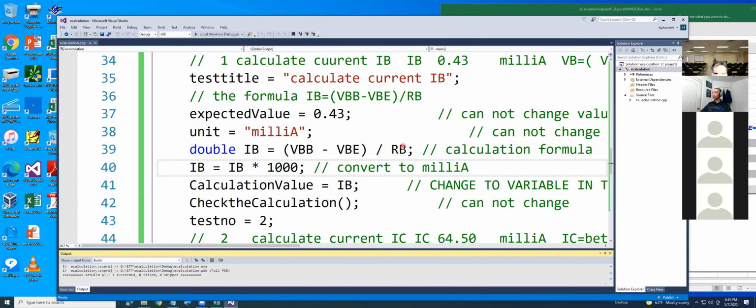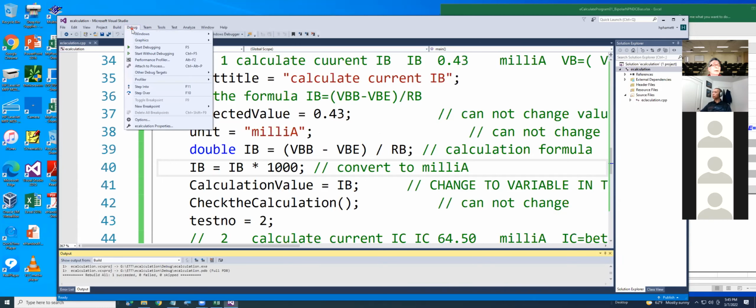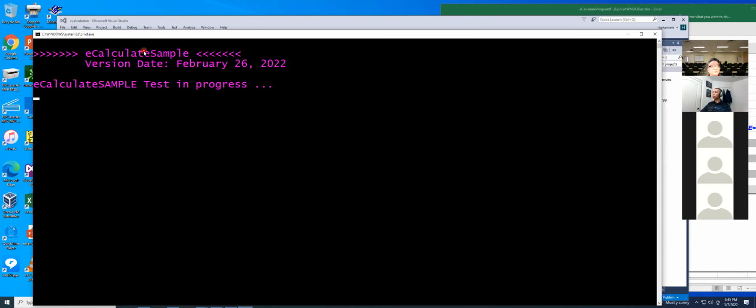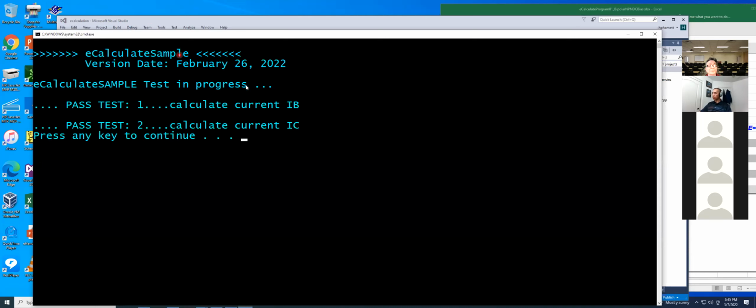Okay, so it is successful. Now, run again. Debug, start without debugging. Okay, you can see that.